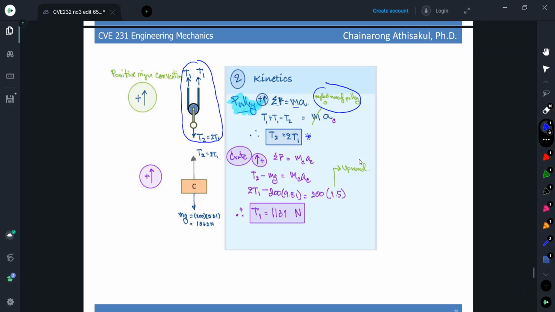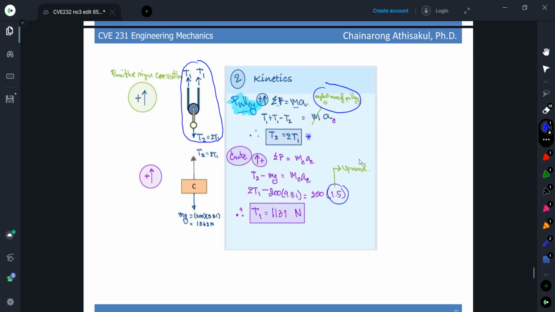Like this. Then we consider the crate. For the equation of motion, summation F equals the mass of the crate times the acceleration of the crate. From the kinematics that we already solved, we know that the acceleration of the crate is 1.5 and it's upward.